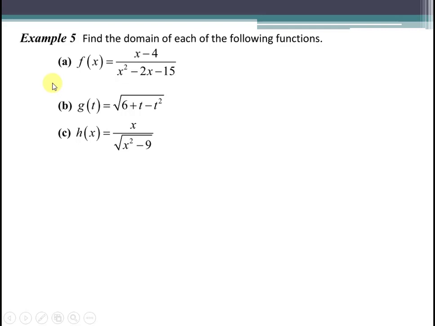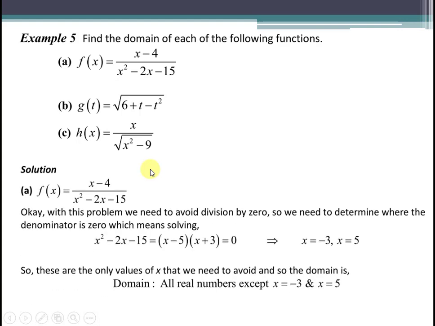Example number 5. Find the domain of each of the following functions, where we have a fraction. So how can we find the domain of this fraction? You know, you cannot divide by 0. It's impossible, division by 0.